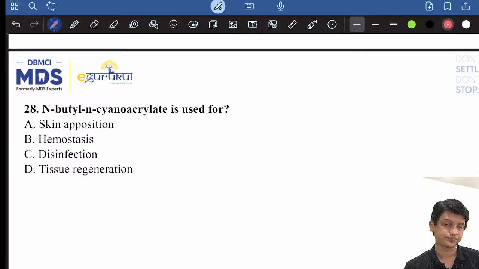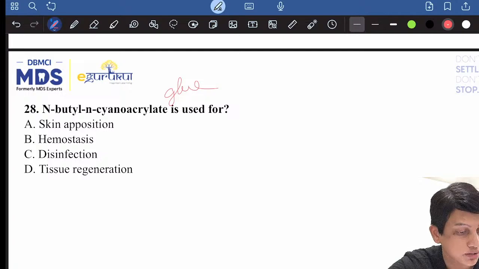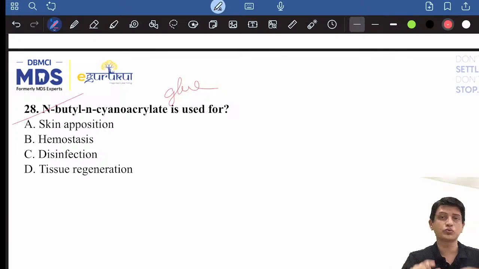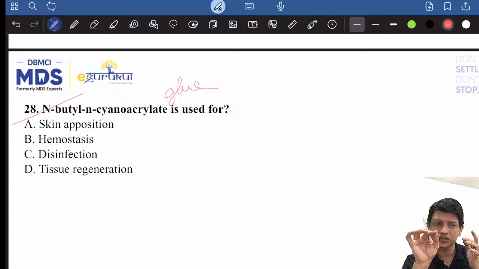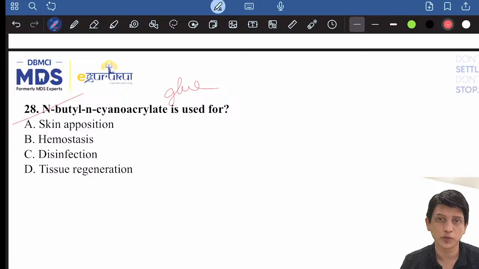Cyanoacrylate glue is used for skin apposition, hemostasis, disinfection, or tissue regeneration. The answer is already there. So all of you answered it is skin apposition. If a very small child comes with an incisional wound, we can put this glue and oppose the margins. Okay, so cyanoacrylate glue is used for skin apposition.